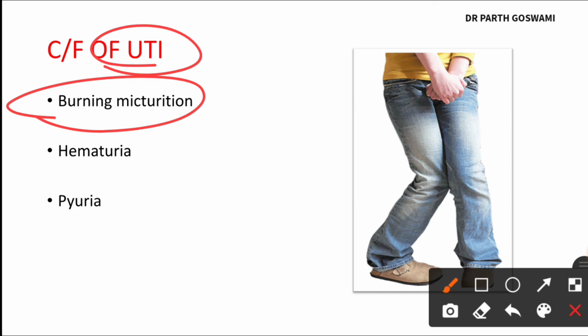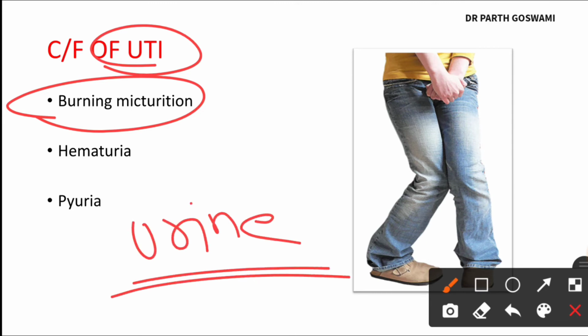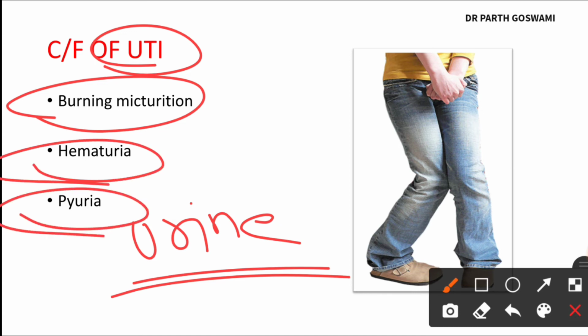Most patients will complain of burning during micturition. In urinary tract infection, if you observe the urine microscopically, there would be lots of pus cells and red blood cells in the urine, which is known by the name hematuria and pyuria. So these are the manifestations of urinary tract infection. It is the most common, right? The patient will complain of burning micturition, and you have to give antibiotics to treat that bacterial infection.